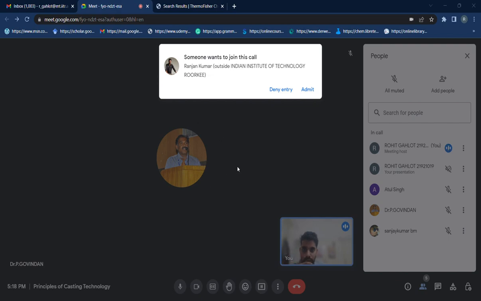Similarly, t2 is 7 mm, and the corresponding solidification time is 200 seconds. And it is being asked for 2 mm. What will be the T3, the solidification time?